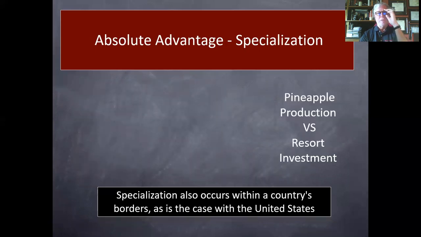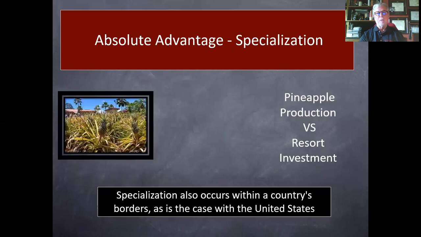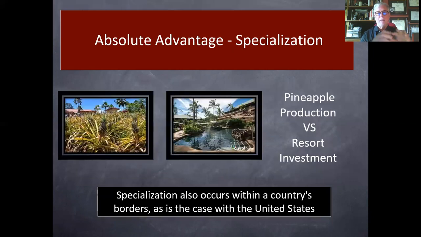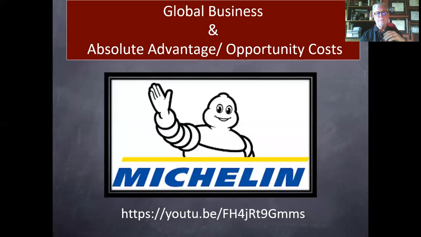So usually specialization by definition refers to within the borders. Michelin, they grow tires made out of rubber, but they invested in plants in Vietnam and other places where the climate was more suitable.